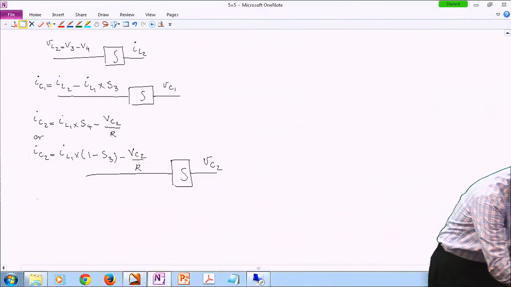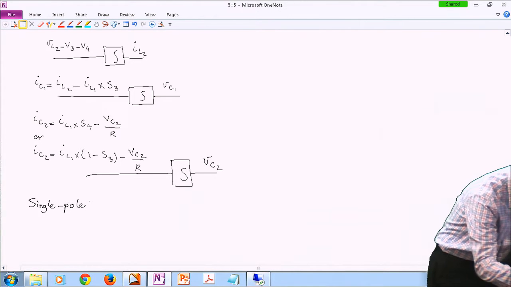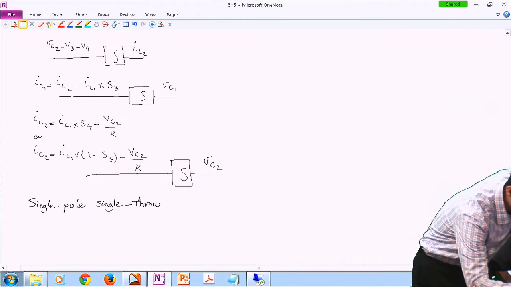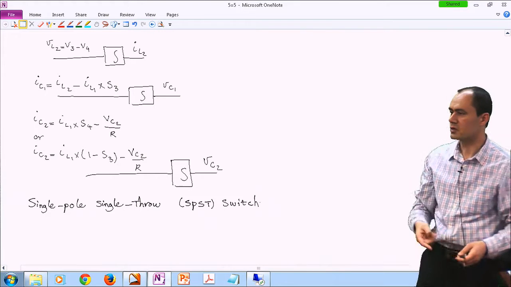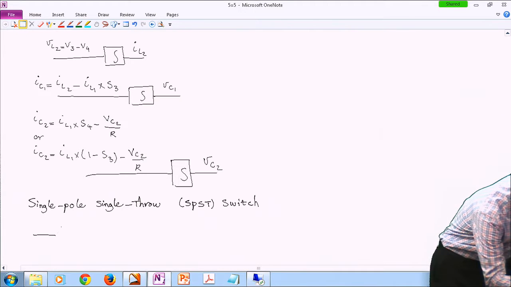All right. So the first fundamental switch that you can ever find is a single pole, single throw switch. Like a light switch, basically, you turn it on and off. There's one pole and one throw.